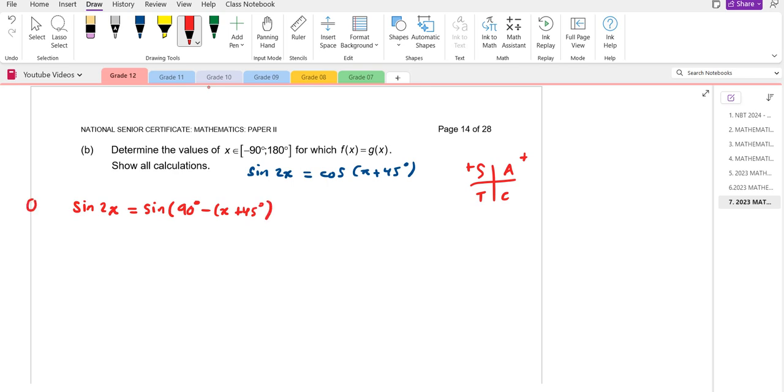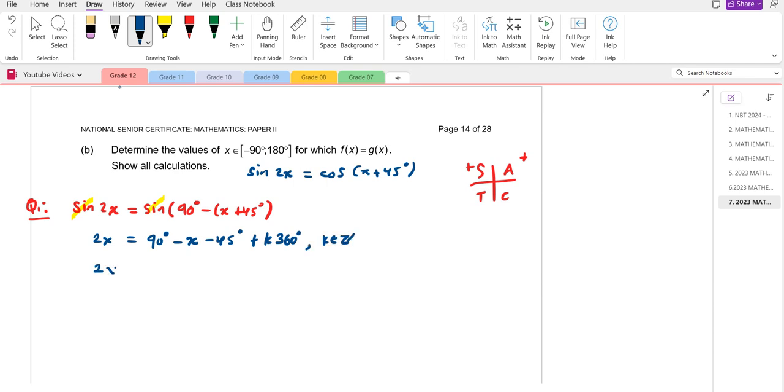This is the quadrant 1 solution. Okay, so I can drop the sine on both sides and make a general solution out of it. So I can say 2x is equal to 90 minus x minus 45 plus k360, where k is an element of the integers.